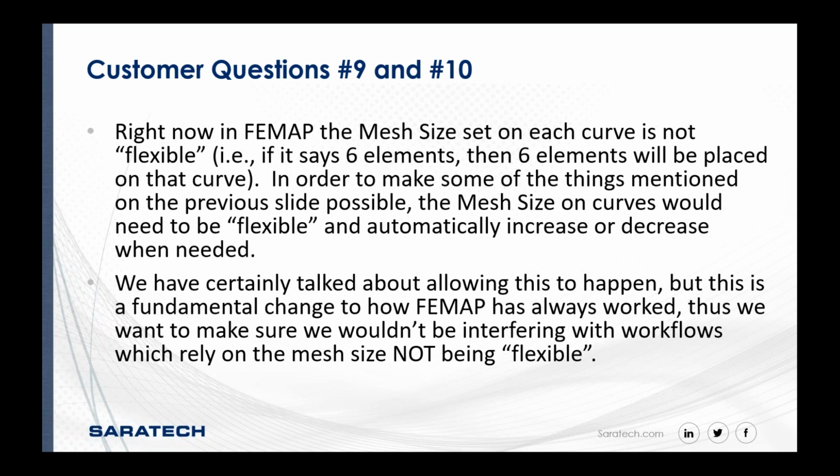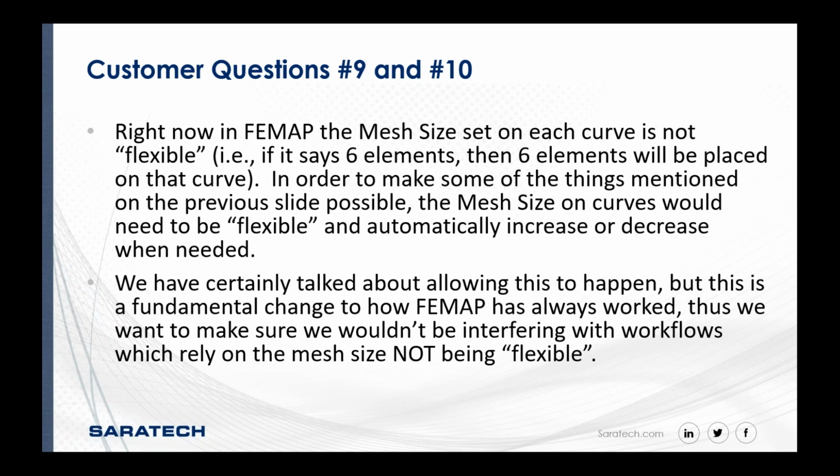So essentially, if it's going to be 6, it has to be 6 on that curve. But again, it's certainly something we've talked about a lot around here. Maybe we could do something where, when you're sizing, you could say we're going to be a little bit flexible here, and we could then do some different sizing to almost ensure that we get all quads.